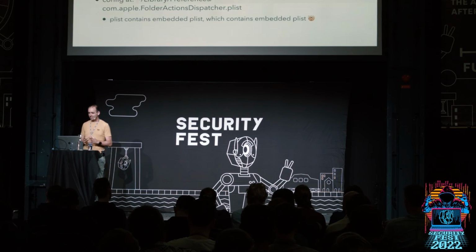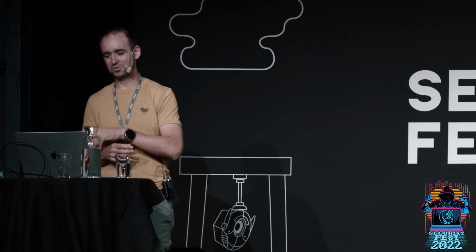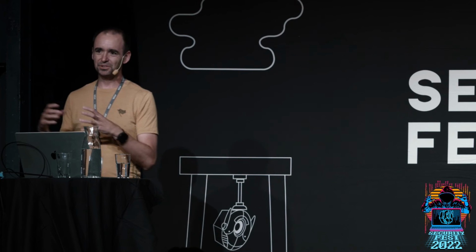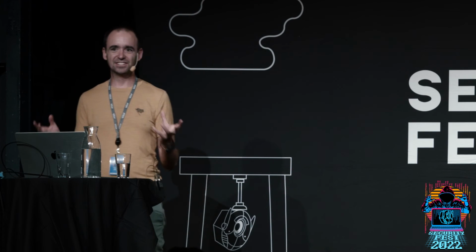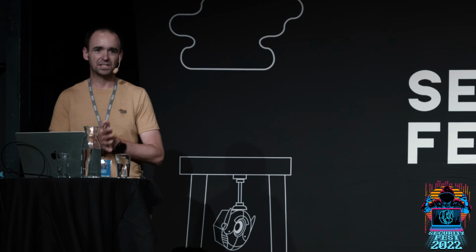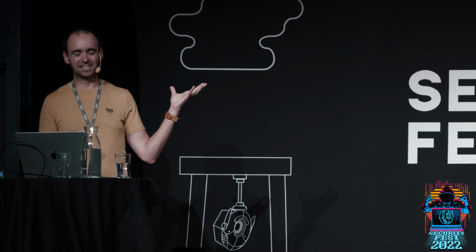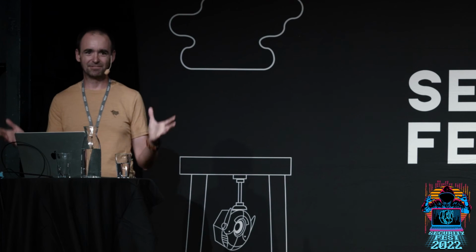Now, what's interesting is that the script we drop there will be executed by the folder action dispatcher process. If we want to access any privacy-related location, obviously it doesn't have the right, but it will prompt the user for that. And what the user will see in this case is that the folder action dispatcher process would like to access something.